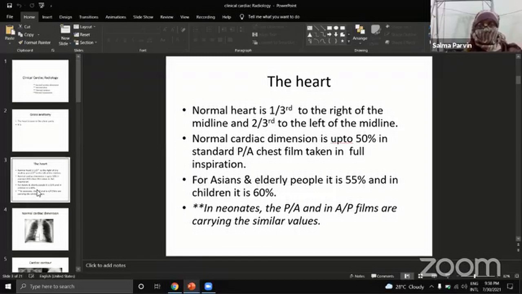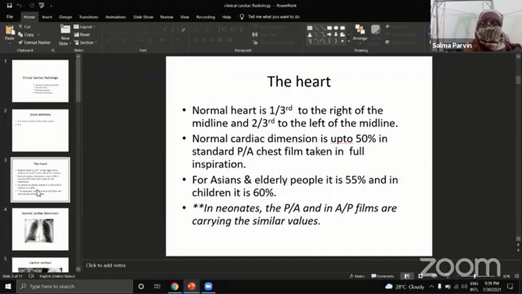And what about the normal cardiac dimension? The normal cardiac dimension is up to 50% in a standard PA chest film taken in full inspiration.